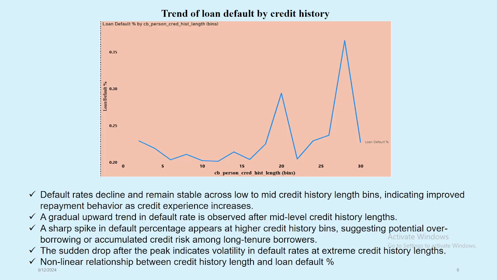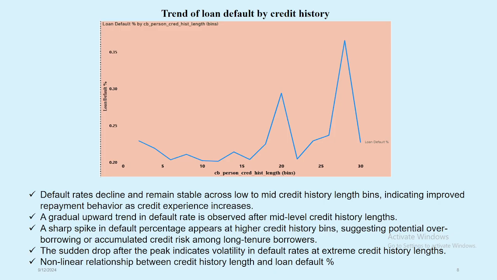And this graph shows the trend of the loan default rate, how the loan default rate varies according to a person's credit history. Here you can see the loan default rate remains stable up to a certain credit history length, up to the middle of a person's credit history.